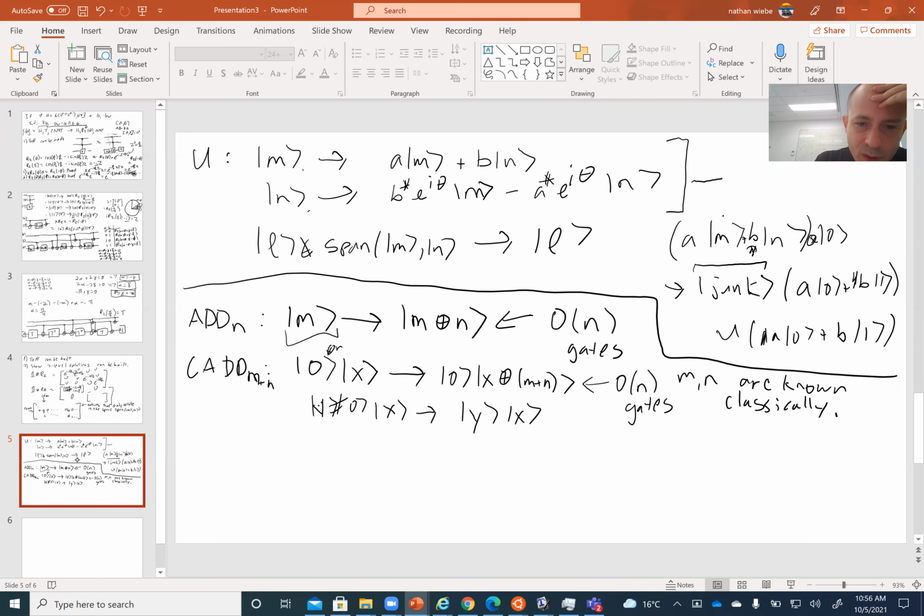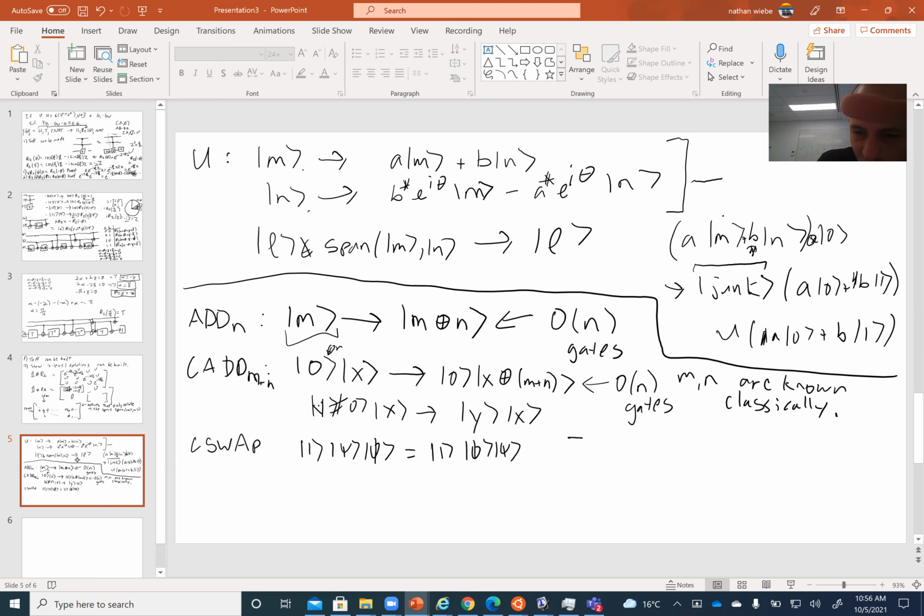Okay, cool. So we have add n and controlled add n. The next thing I'm going to need is the controlled swap gate. The controlled swap gate will just map 1, psi, phi, just like we had in a Hadamard test, to 1, phi, psi.